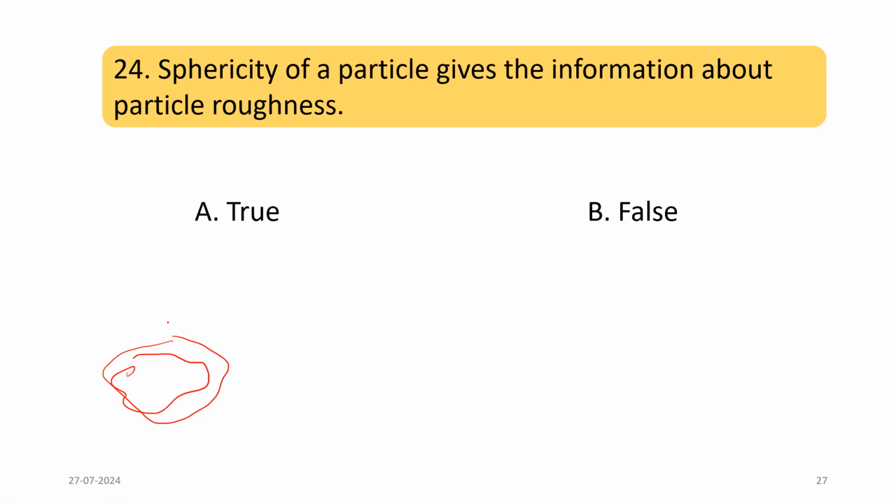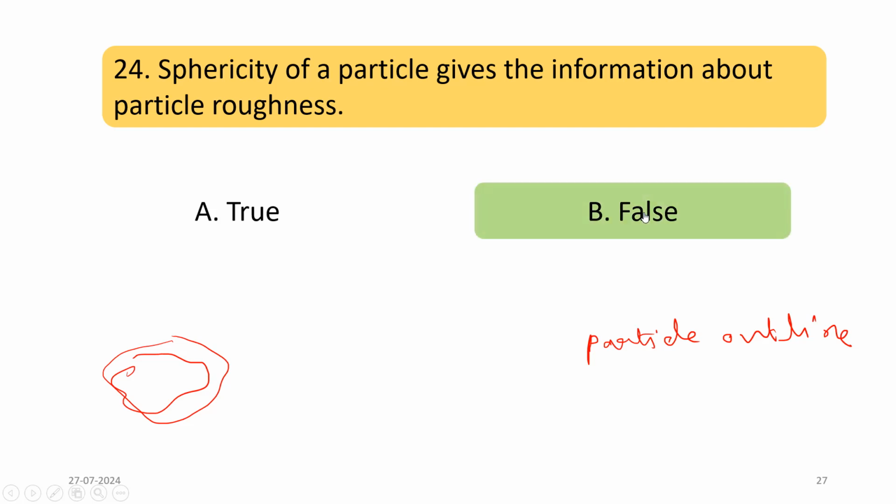It will be given by the particle outline. So particle outline will give the information about the particle roughness. So it is false.